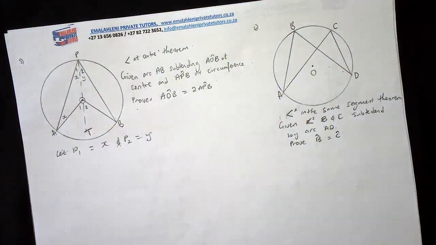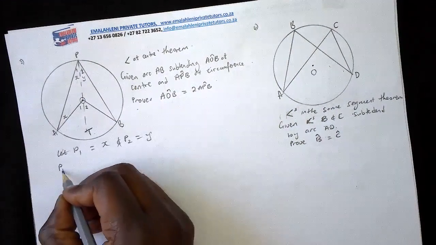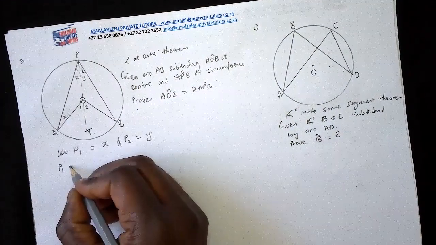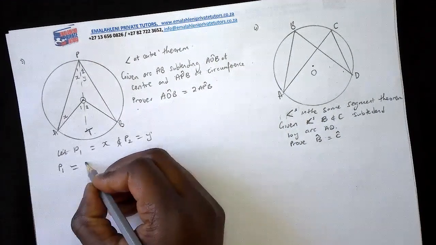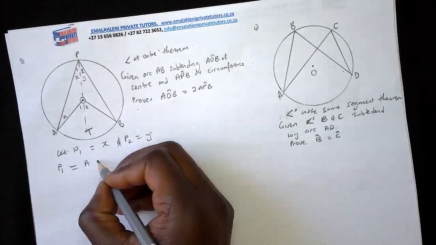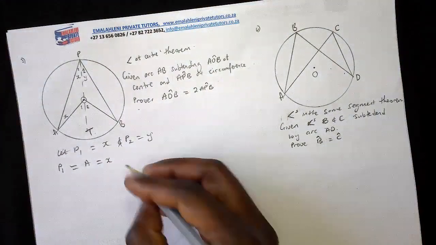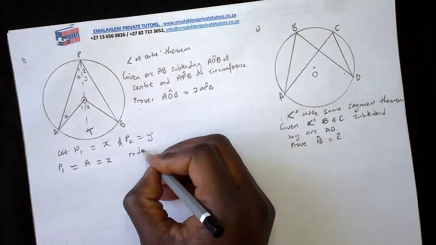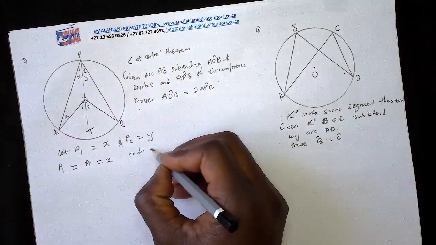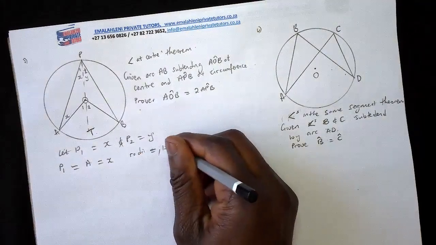So it means that P1 is equal to X, is equal to A is equal to X, because radii are equal, and this one gives you an isosceles.